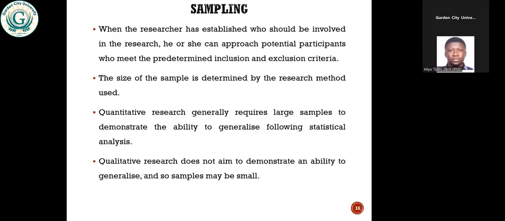Then you can use a computer to randomly generate the number of people that you want to take part in the study. Or you can use the lottery approach, that is, you put all their names or the numbers assigned to them in something opaque, then you blindly select one after the other. Yes, the slide is not moving because I'm still recapping what we've discussed so far.